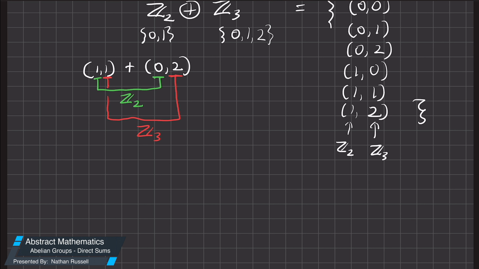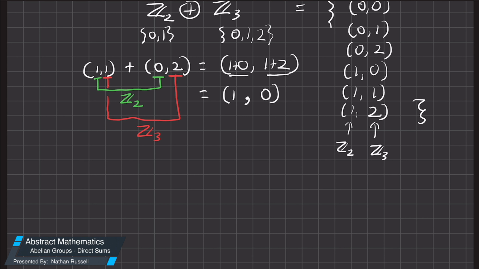Okay, so the result will be (1 plus 0, 1 plus 2). So notice that we took the first coordinate and the first coordinate and we added them here. And we took this second coordinate and the second coordinate and we're adding them here. So the result will be 1 plus 0, which is 1, mod 2, and 1 plus 2, which is 3, mod 3, so we have 0.